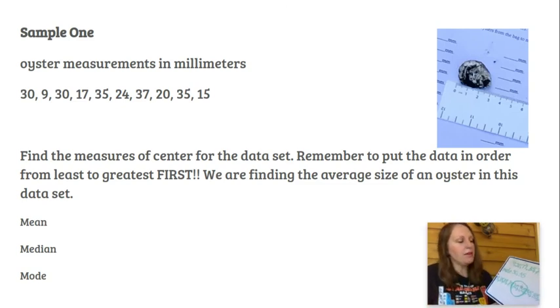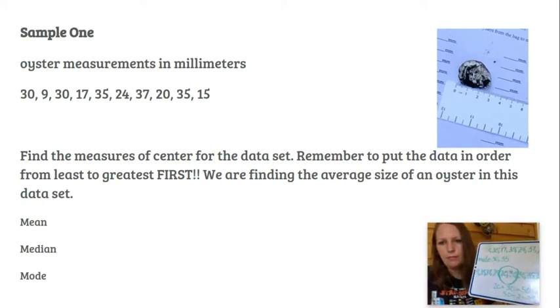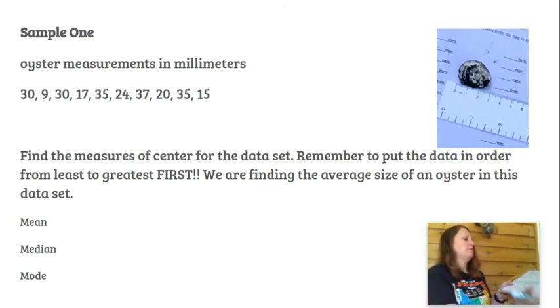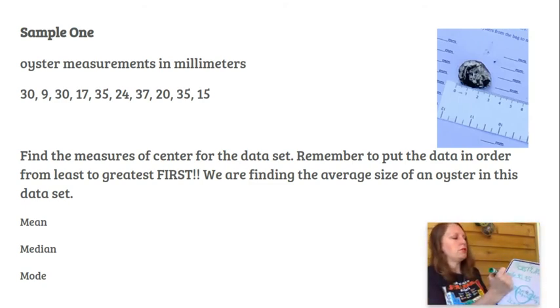So I have to add 20 plus 30, and that's equal to 50. Again, remember, you can use your calculator. 50 divided by 2, oh, that's an easy one. Again, you can use your calculator, is 25. So the median is 25. 25 what? Millimeters.